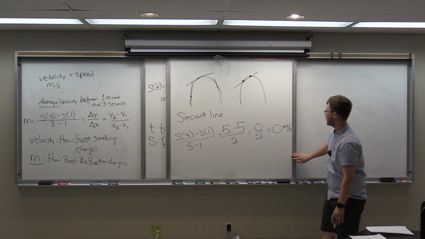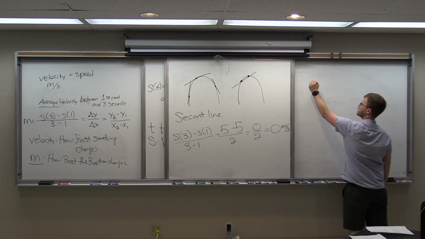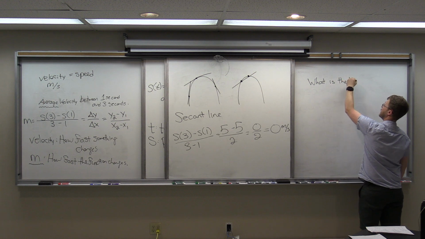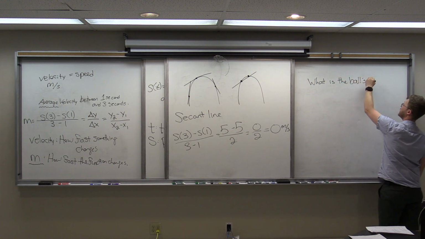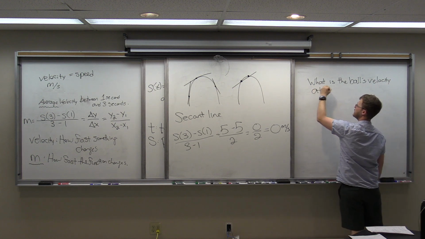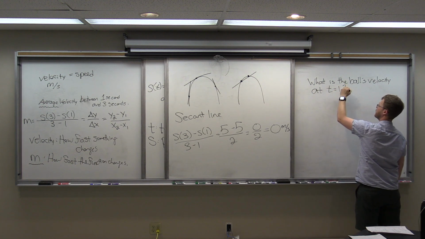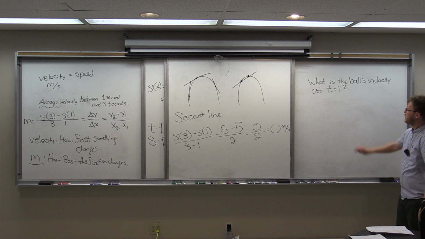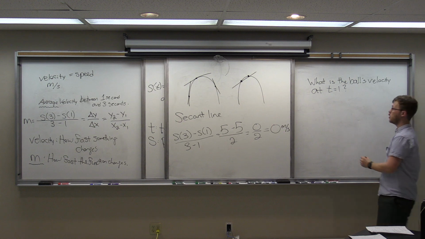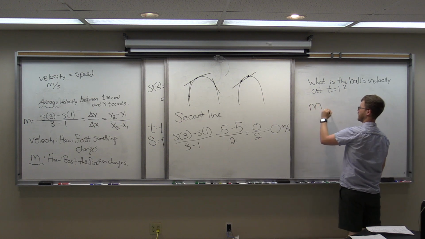The initial problem as written is, what is the ball's velocity at t equals 1? Now, I don't know what to do at t equals 1, because consider what would happen if I actually tried to use the slope formula at t equals 1.